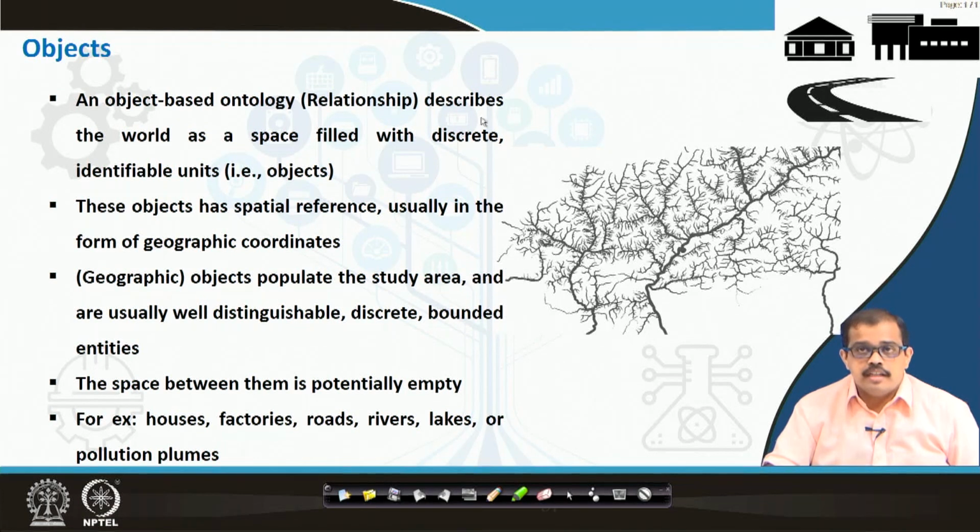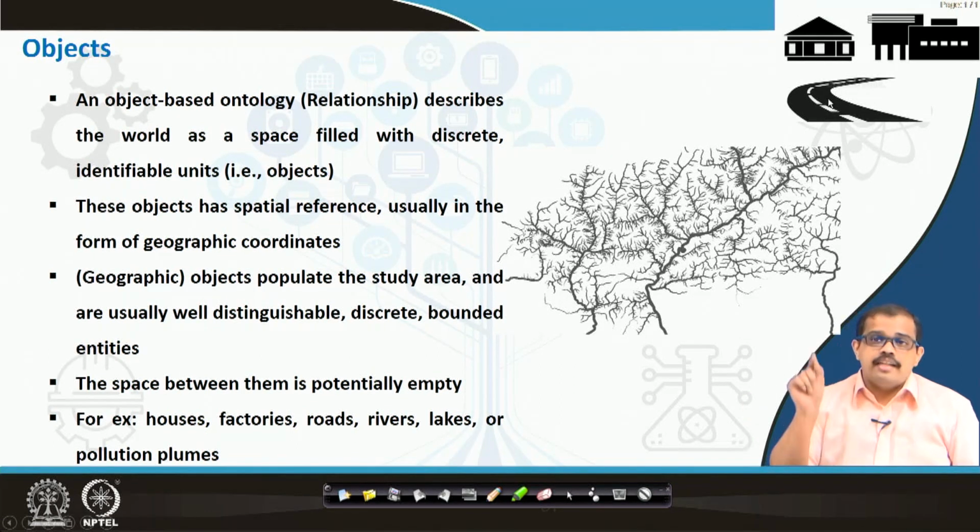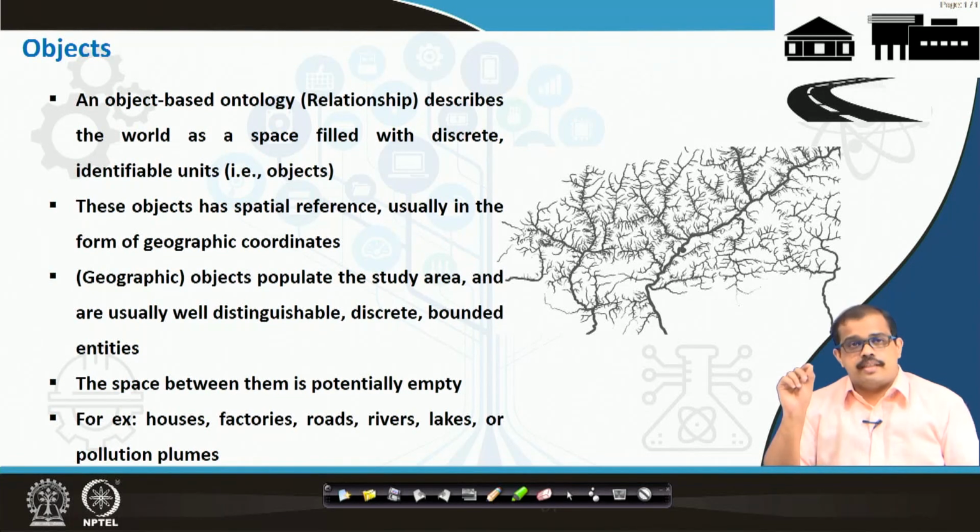For example, if you look at this image, these are three different discrete units, identifiable units that are present there. Each of these objects has a spatial reference, usually in the form of geographic coordinates.